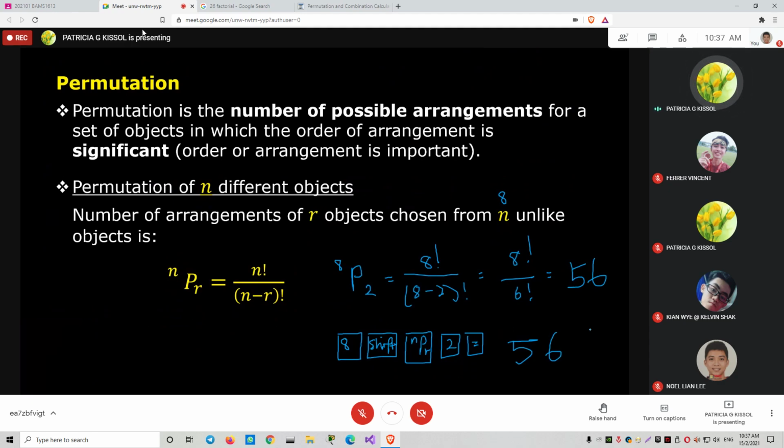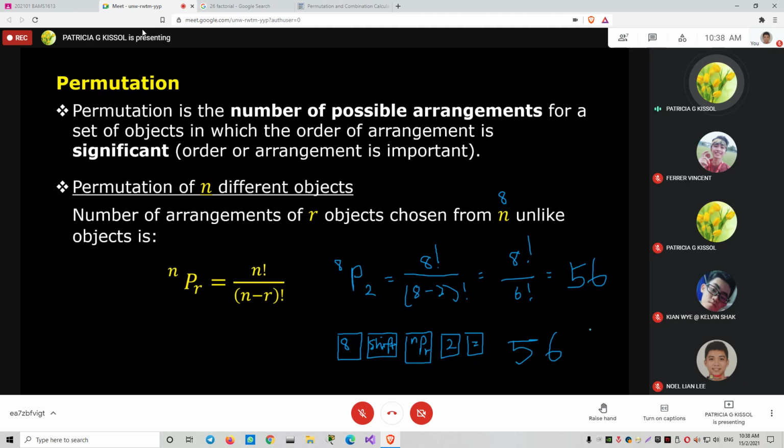Right, moving on. So I hope you understand how to use the permutation. The idea is you have to choose from n number of items, and you are already informed how many objects you want to choose. For example, in a classroom there are 30 students, and you want to choose 2 persons to become your class rep.